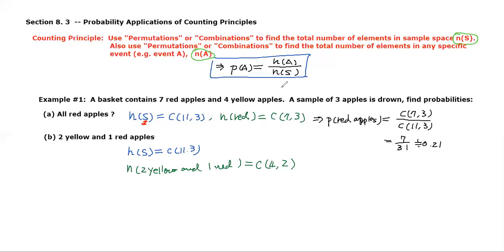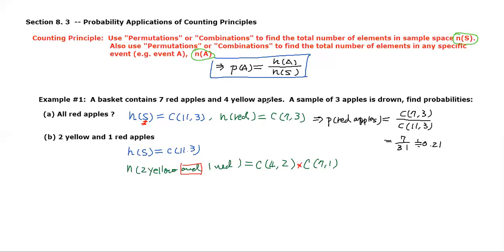And then I have 7 red, and I need to have 1, so it's C(7,1). Did you see the keyword here? Yes, this is 2 yellow and 1 red. So we know if the keyword is "and," what do you do? You do the multiplication, right? Let's say it's the multiplication rule.